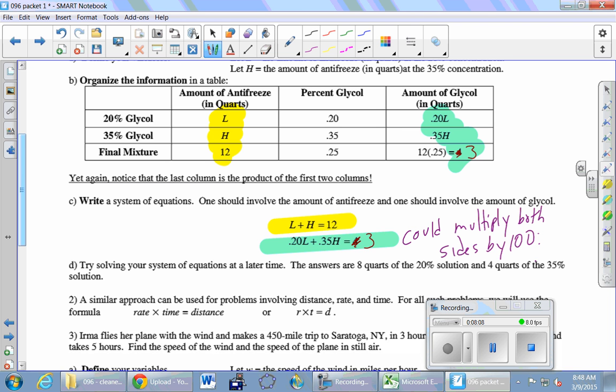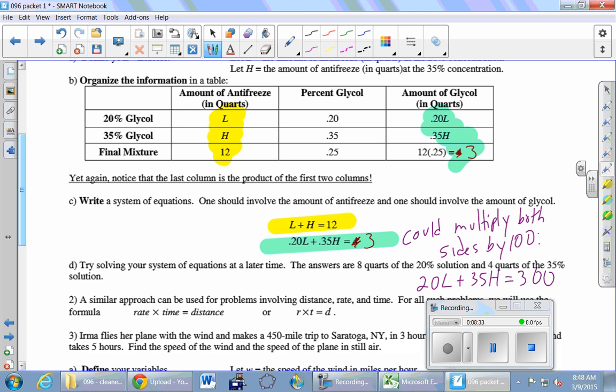So that 0.20L becomes 20L plus the 0.35H becomes 35H. 3 becomes 300, everything times 100. And if that is more friendly for you because you don't want to play with the decimals, then know that you can do that.